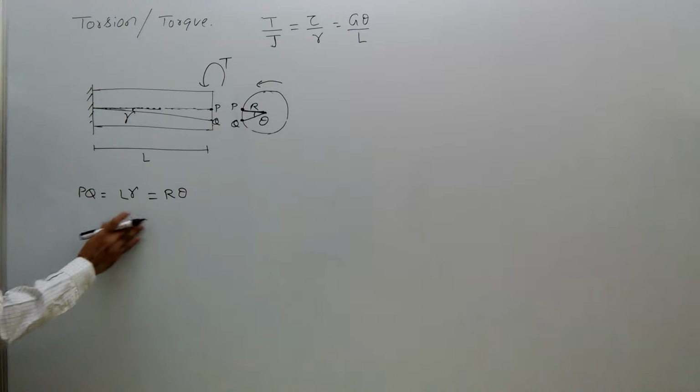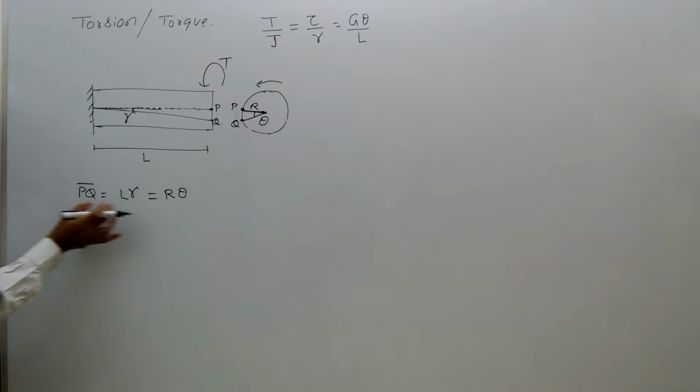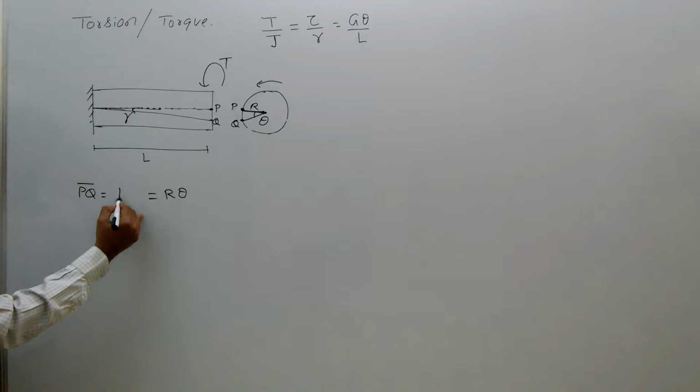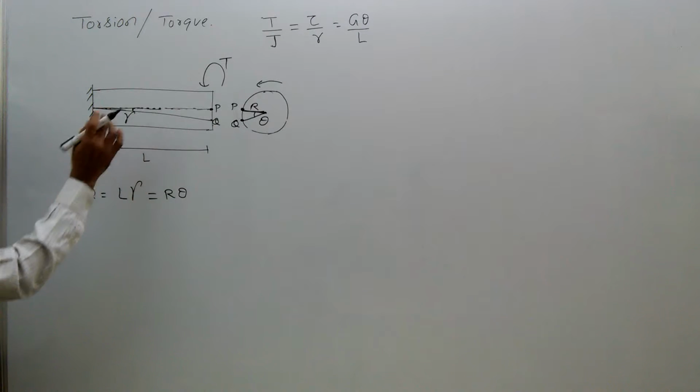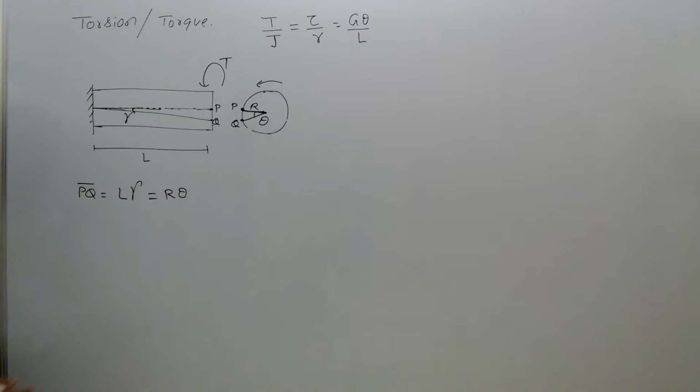That means L into gamma equals R into theta.